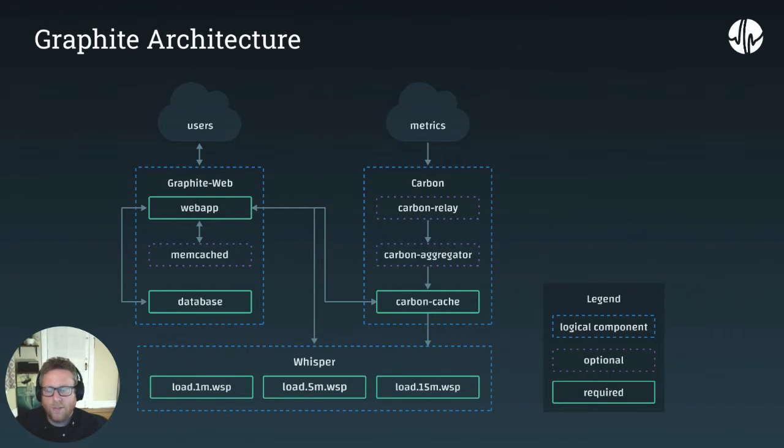One of the reasons Graphite became so popular was its modular architecture, which allowed Graphite operators to scale certain components to handle their respective use cases. The carbon stack shown here in the center right handles the ingestion and processing of the submitted telemetry.